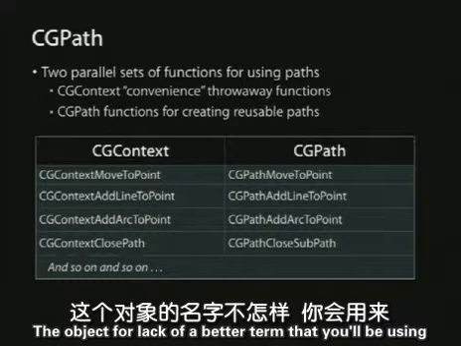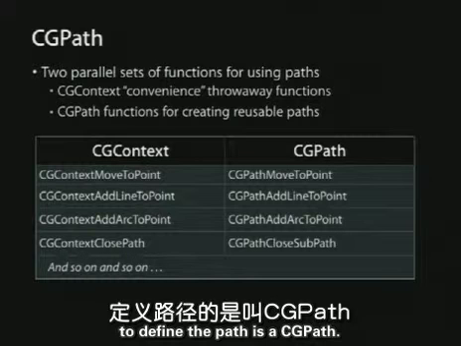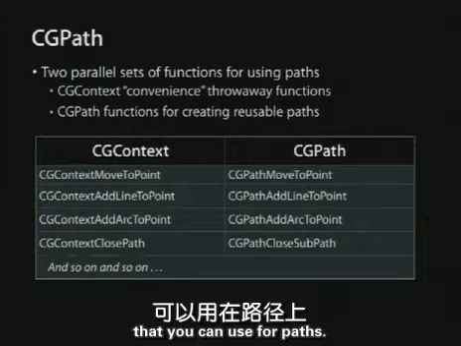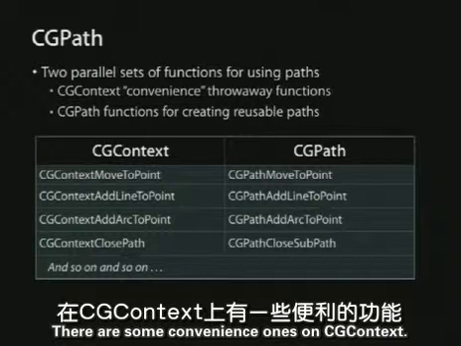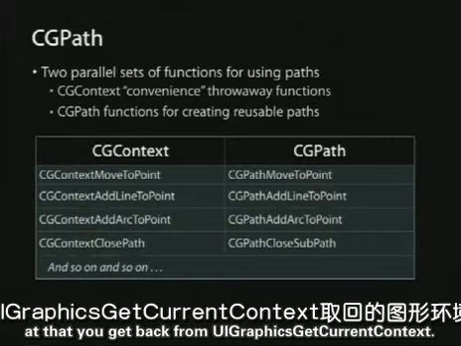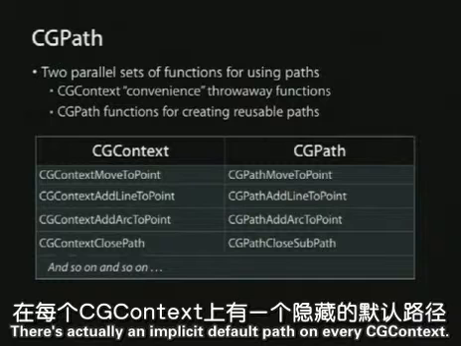The object, for lack of a better term, that you'll be using to define the path is a CGPath. There's actually two parallel sets of functions that you can use for paths. There's some convenience ones on CGContext. So CGContext is the graphics context we were looking at that you get back from UIGraphicsGetCurrentContext. There's actually an implicit default path on every CGContext.